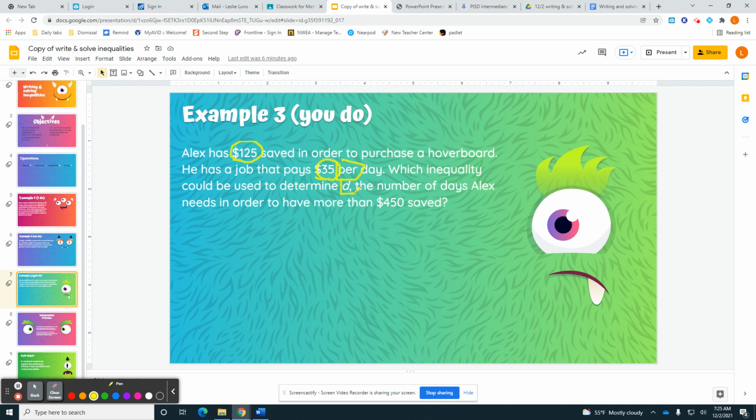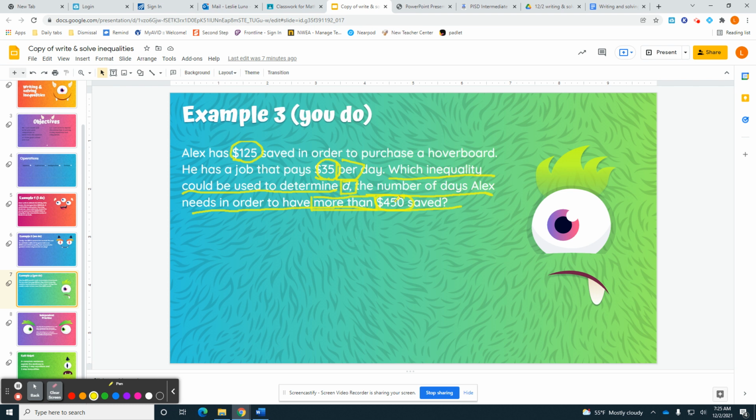So here it's telling us that's the variable we're going to use. The number of days Alex needs in order to have more than $450. So we need to know more than, that's a keyword, and we need to know he wants to save 450.